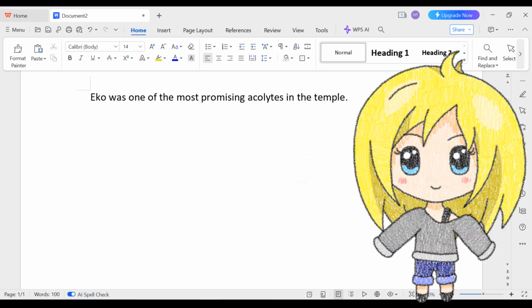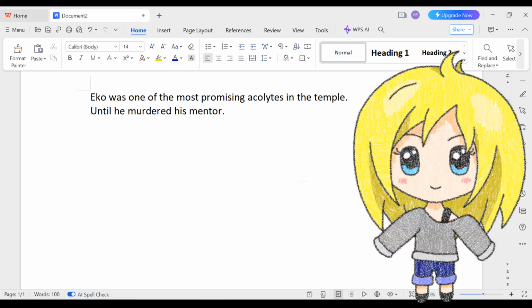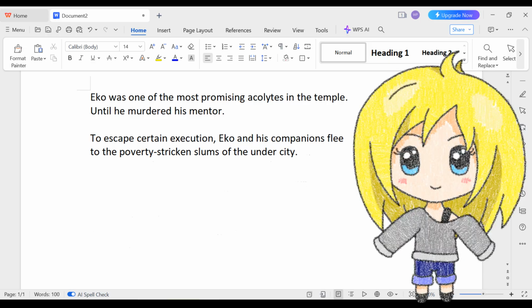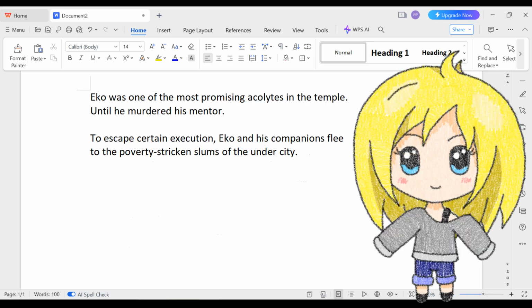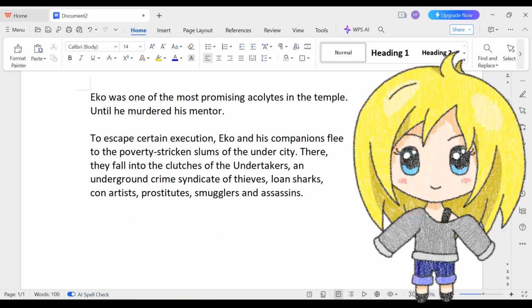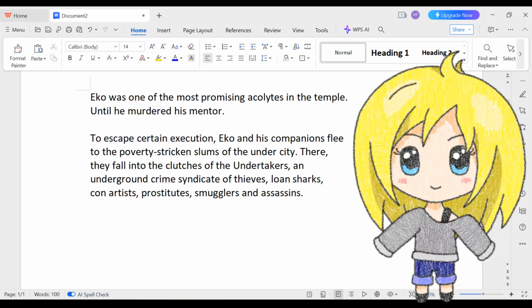Echo was one of the most promising acolytes in the temple until he murdered his mentor. To escape certain execution, Echo and his companions flee to the poverty-stricken slums of the Undercity. There they fall into the clutches of the Undertakers, an underground crime syndicate of thieves, loan sharks, con artists, prostitutes, smugglers, and assassins.